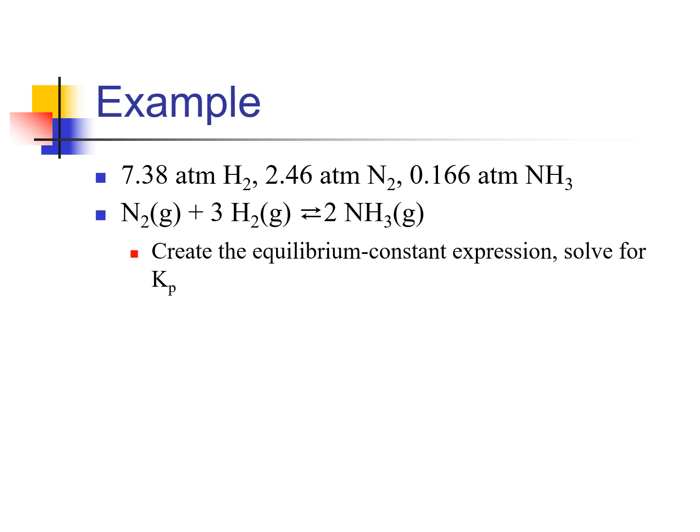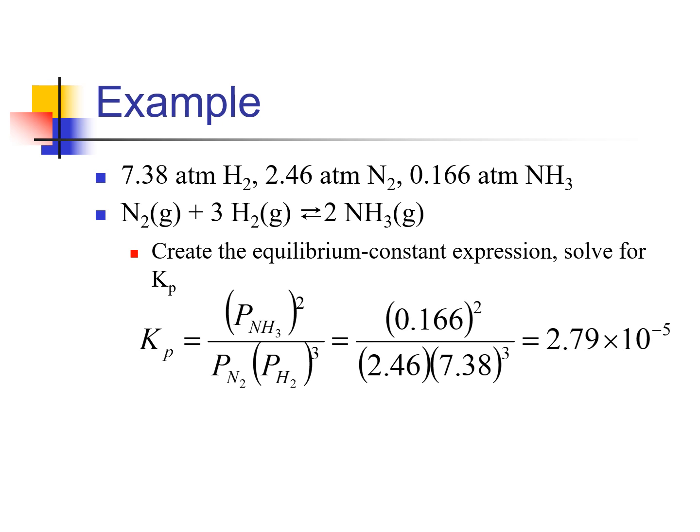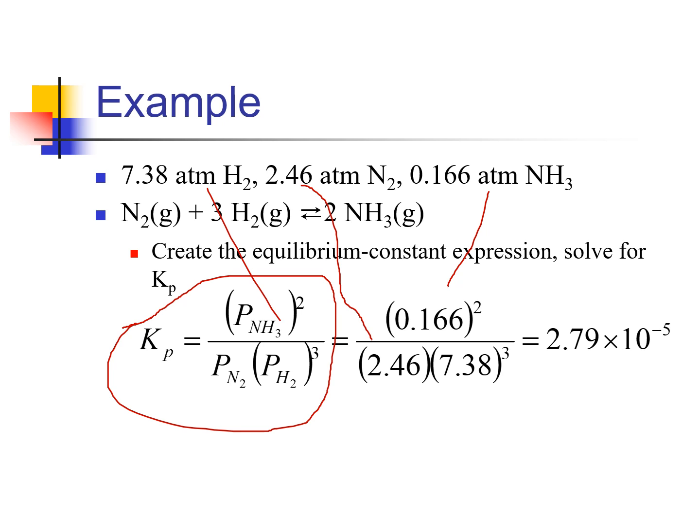So we're simply going to create the equilibrium constant expression, solve for K sub P. So here I have the equilibrium constant expression. I plug in all the values from above. And I get my equilibrium constant. Pretty straightforward.